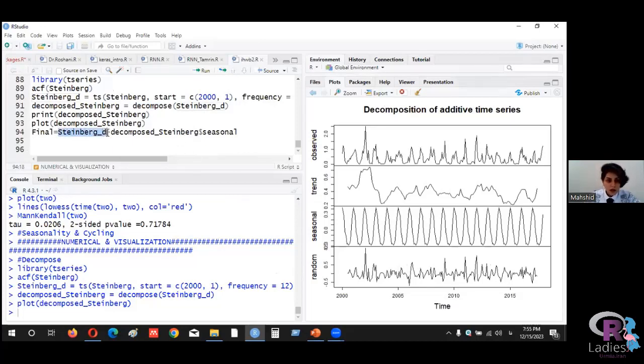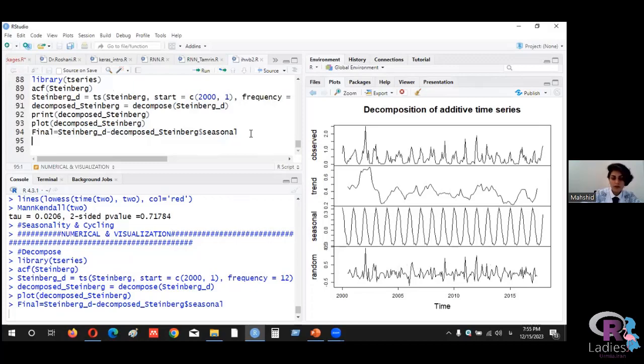So I've subtracted the seasonal part from the main time series, just subtracting. If I apply it, now the final time series is the one on which we are able to do modeling or any next steps.